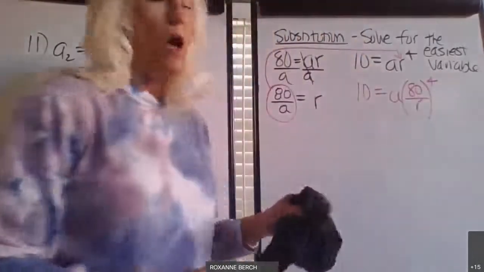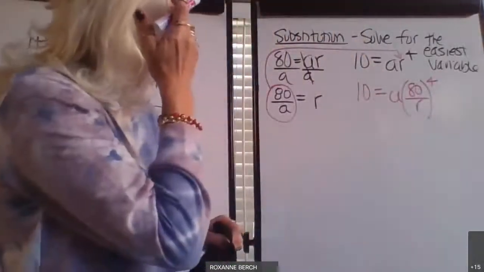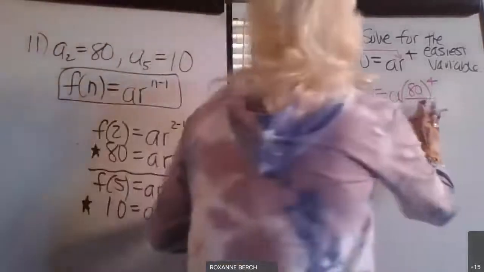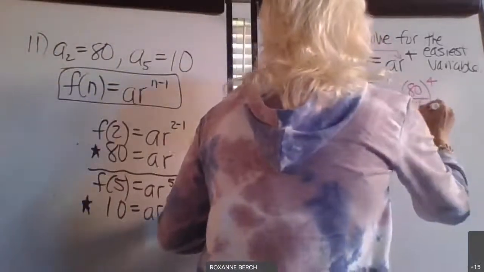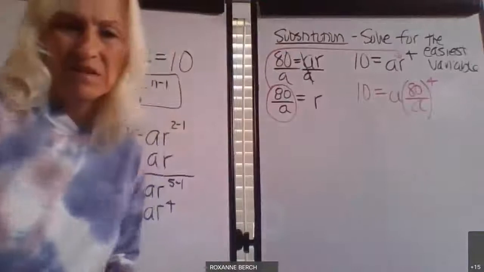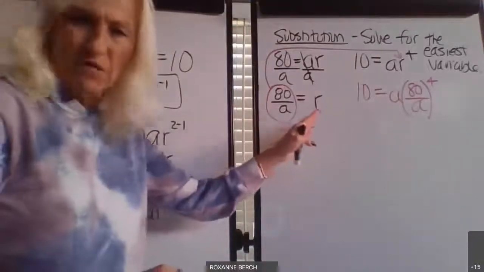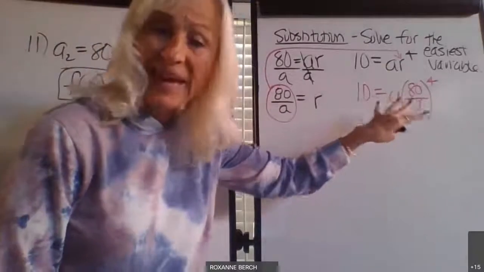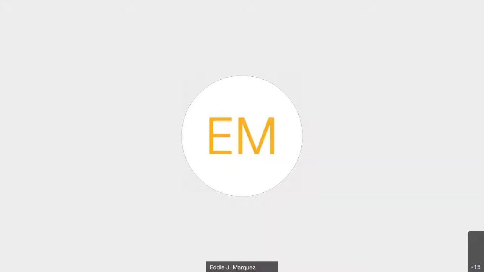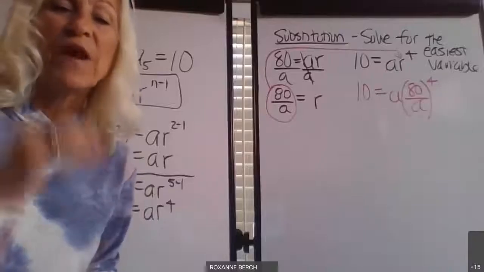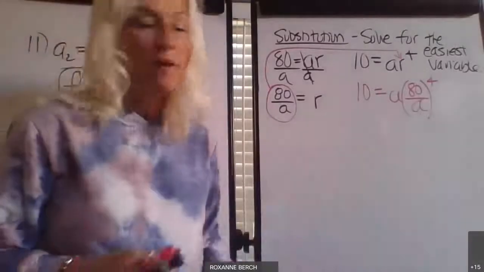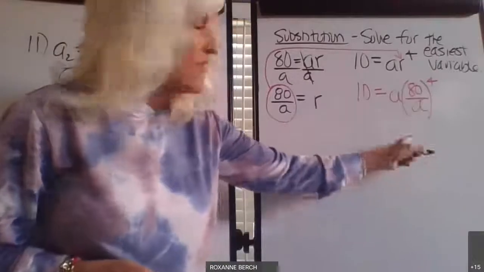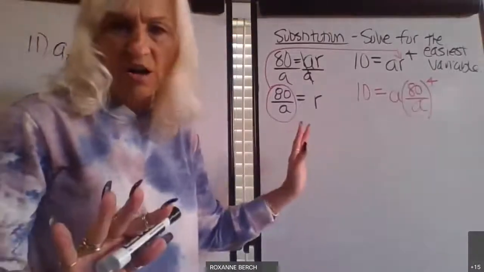Now, does anybody know why I did that? Why did I solve for a variable in terms of the other? So that way we only have one variable. Exactly. So we're solving for a. Now let me just tell you what's going to happen. We're going to solve for a, and then we're going to substitute back and find r.